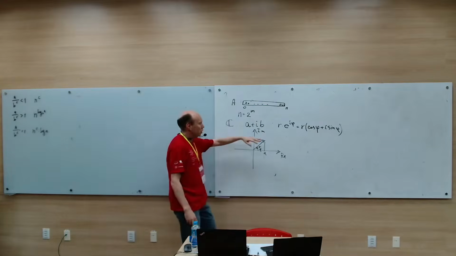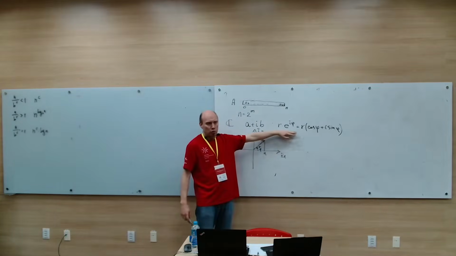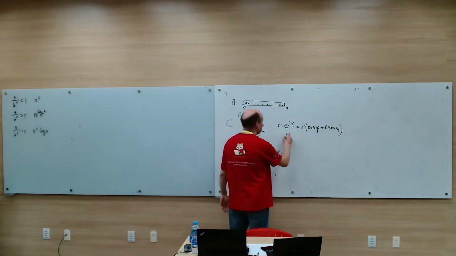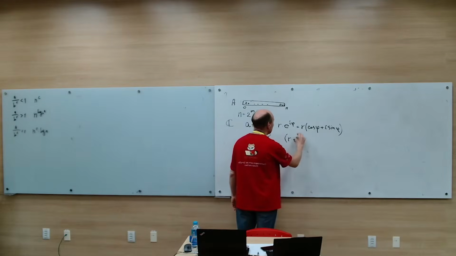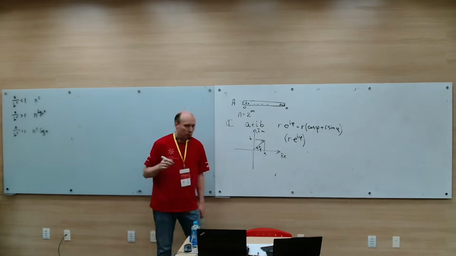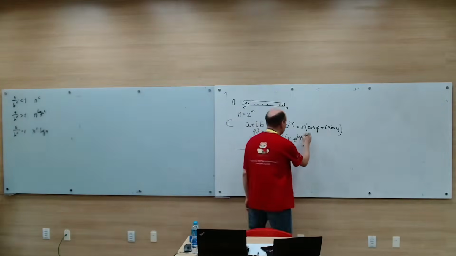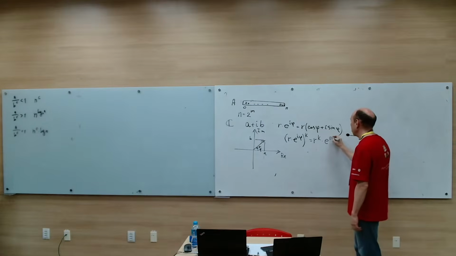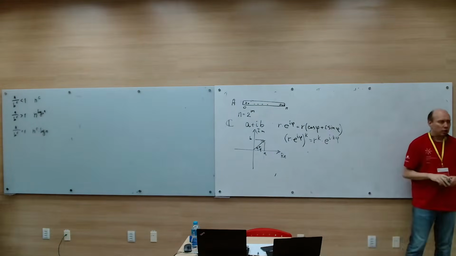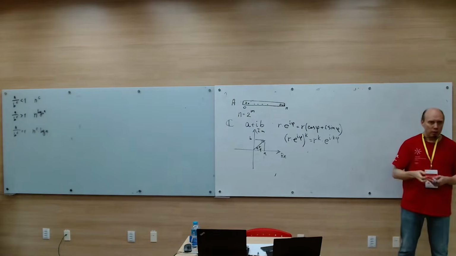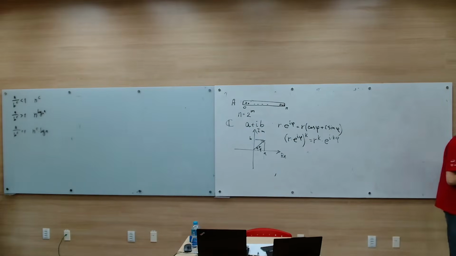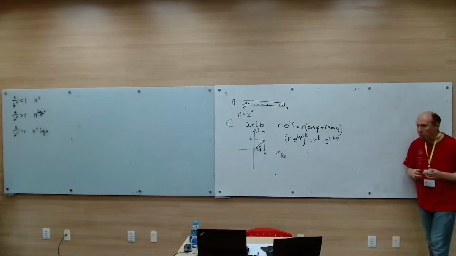In this form, it is easy to raise complex numbers to some powers. If you consider r times e to the power of i phi, raised to the power of k, then it's clearly r to the power of k times e to the power of i times k times phi. So you see that the radius is raised to the power of k as well, and the phase is simply multiplied by k, which is the property of the exponent.